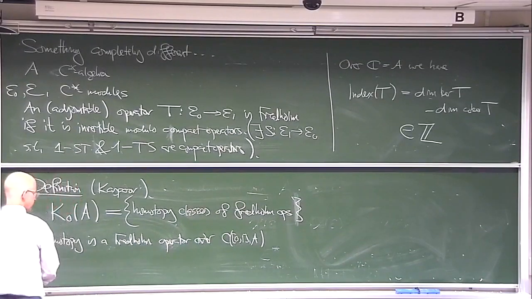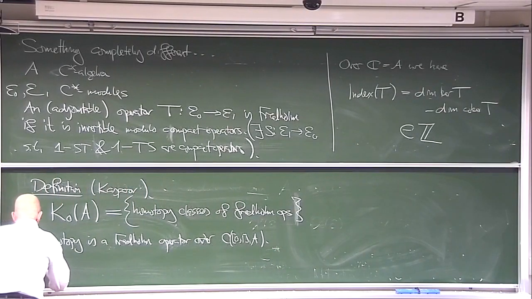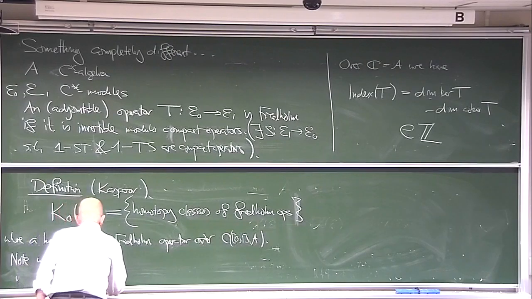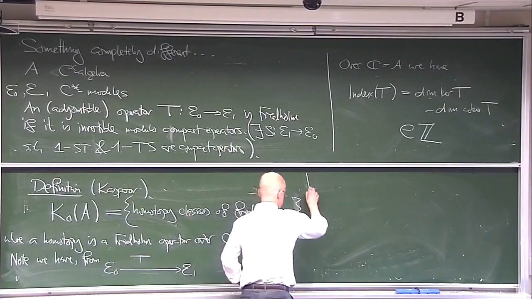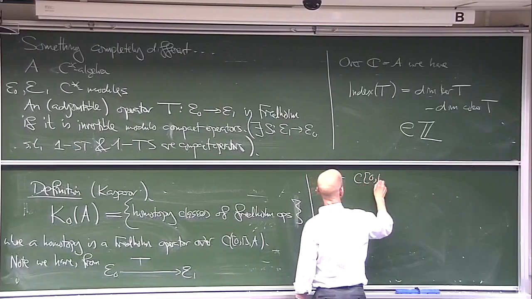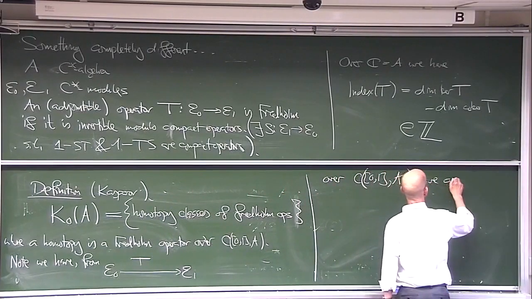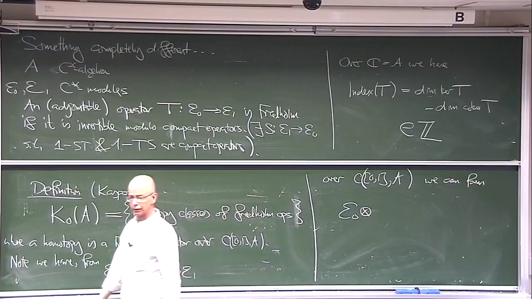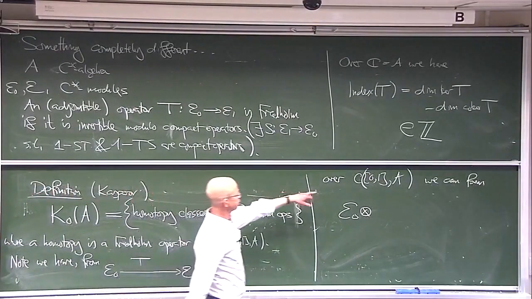And in order to make the definition sensible, suppose I have such a fellow, and suppose E0 and E1 are modules over this algebra of functions with values in A. We can use our friend, the tensor product operation, to push these modules forward, just like you can with projective modules. Push them forward from this algebra to the algebra A itself.